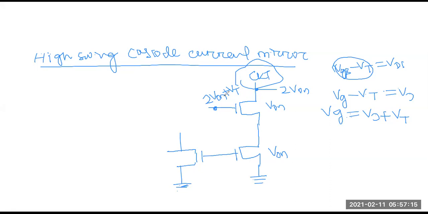I said, high swing cascode means we can remove that headroom problem. So here we need at least 2 V on plus Vt. So you have to generate this voltage so that it will bias this transistor. For that, what will we do? We will use a transistor.